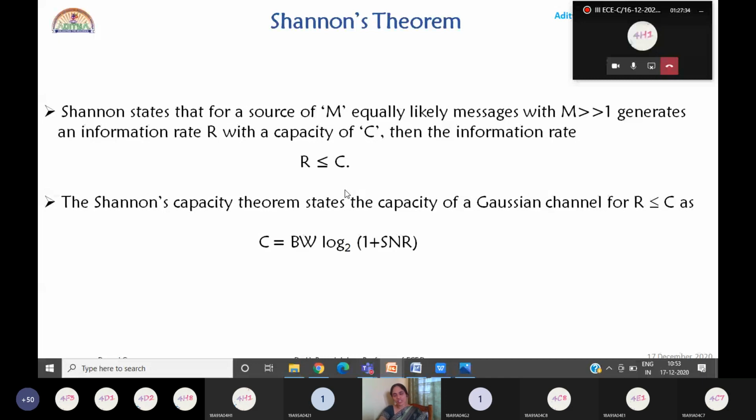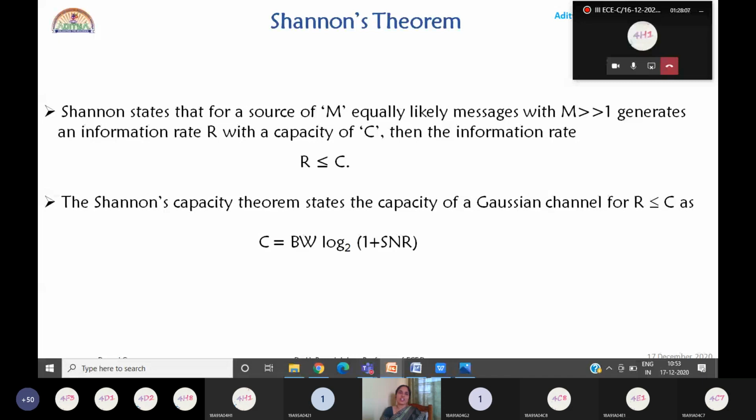So what Shannon stated? He stated that the information rate of the source, which consists of m equally likely messages, should be always less than or equal to the channel capacity, because the channel has a capacity of transmitting certain number of bits.